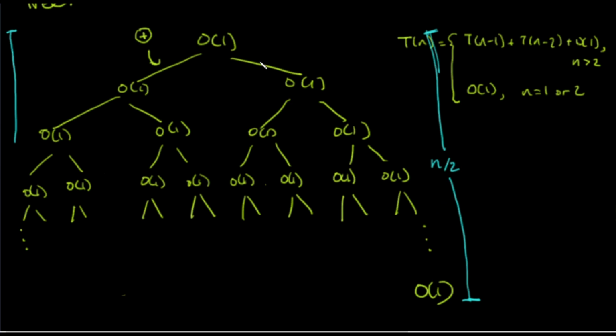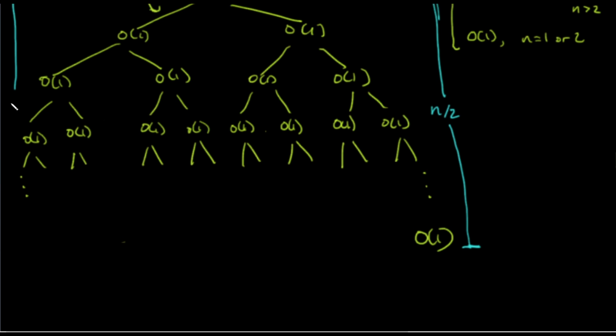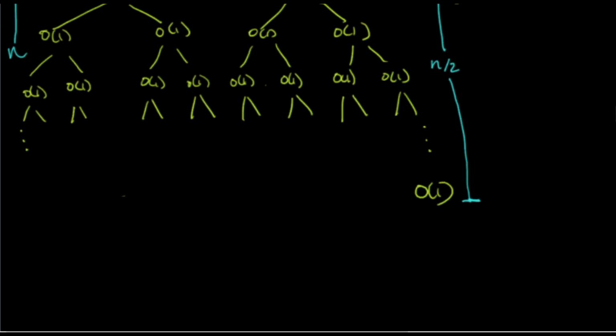In the rightmost extreme, we're subtracting more each time until we get to 1 or 2. Here we're subtracting less each time. So this is going to result in about n operations, again ignoring plus or minus 1 issues. This is going to be about n iterations, which corresponds with a height of n.